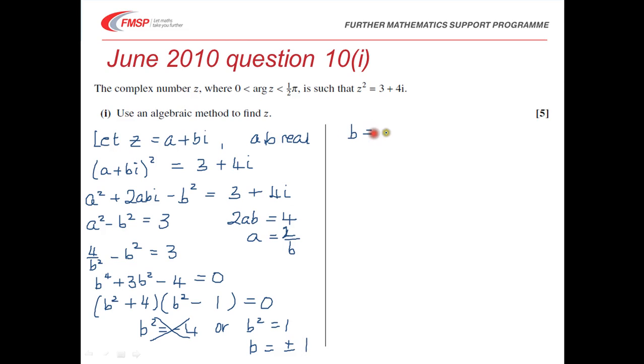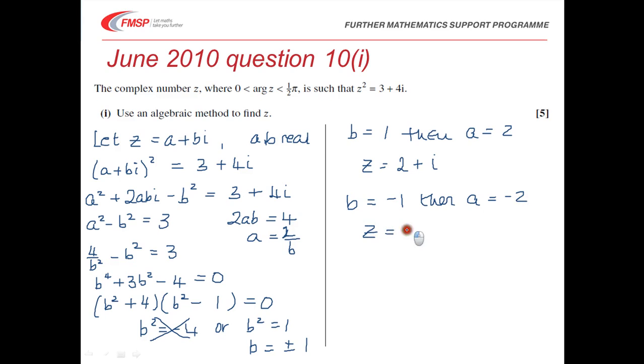If b equals 1, then substituting back, we can work out that a is equal to 2. So that gives us a possibility of 2 plus i for our value of z. But if b is equal to minus 1, then a is equal to minus 2, and that would give us z equals minus 2 minus i, and that of course is outside the range.